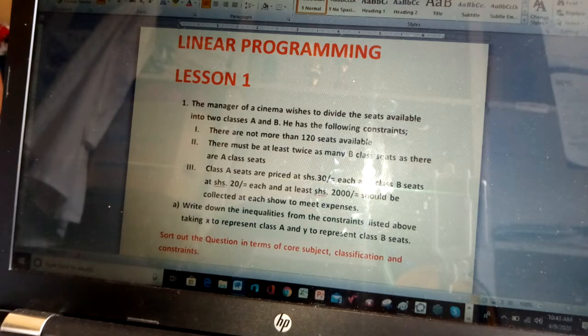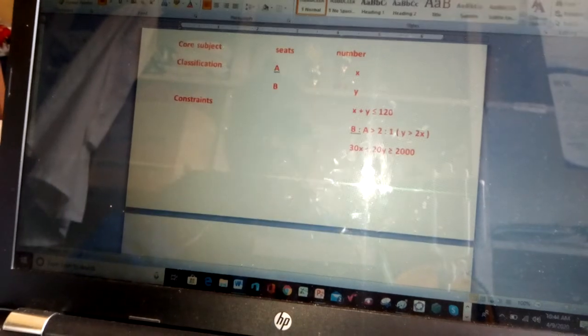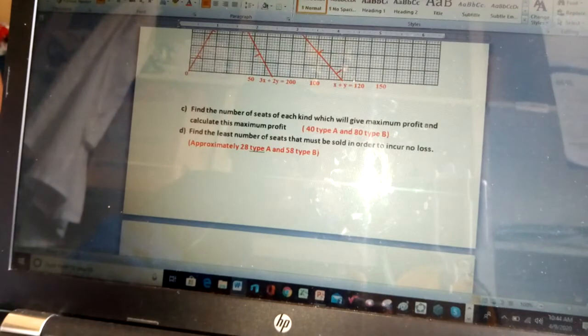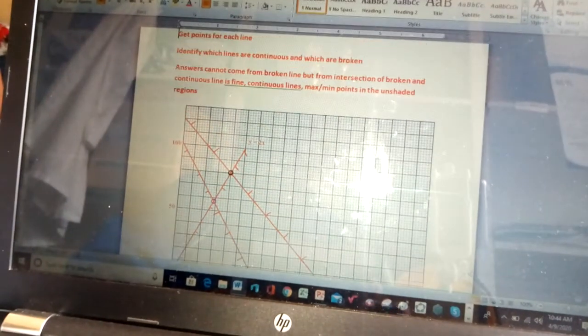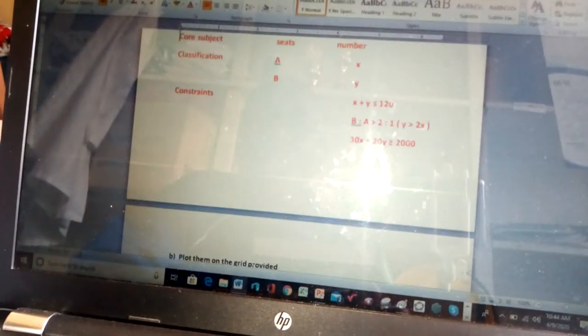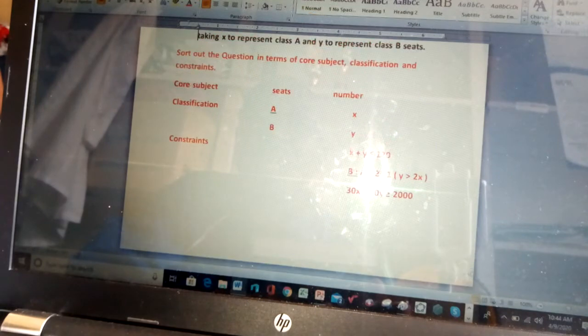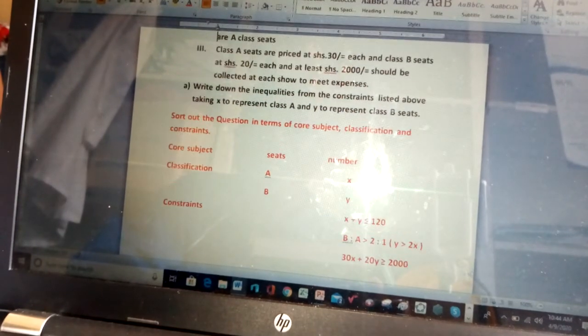And then you have to understand the symbols, greater or less, the words at most, at least. So let us look at our example here. I give you one example here. I've sorted out, tried to put this thing, maybe I can focus on both the constraint and this.